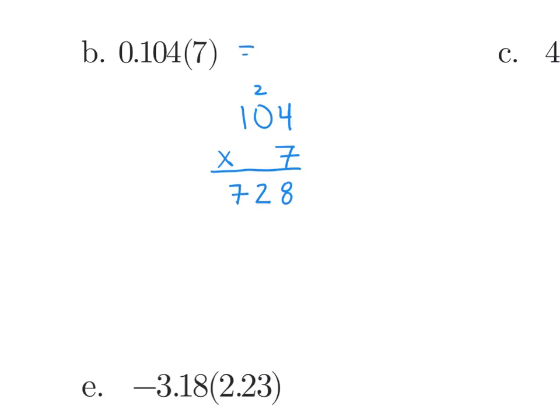So far we have 728. How many decimal places do we have? We have a total of 3 in our first number. We don't have any in our second number. Total, that is going to be 3. So in order to have 3 decimal places, I want my point before my 7.